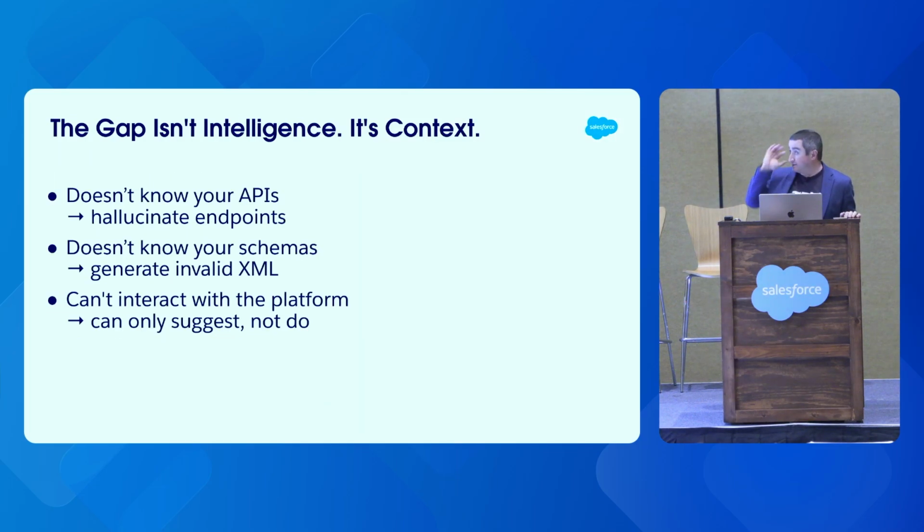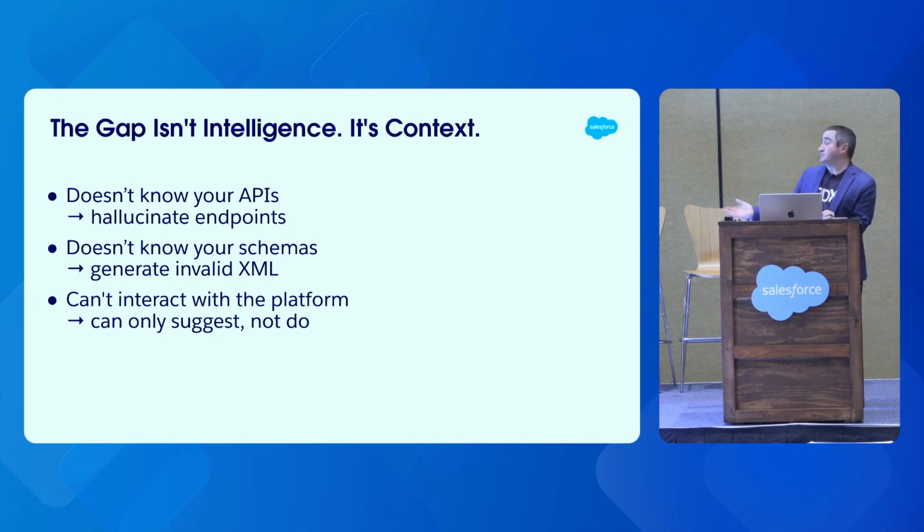So it isn't unintelligent. Again, these frontier models are very good at applying their context and applying the corpus of knowledge, but it's getting that context, grounding it in that context, that we need. It doesn't know our APIs, so it'll hallucinate endpoints. It doesn't know our schemas, so it'll hallucinate in XML or JSON or whatever.